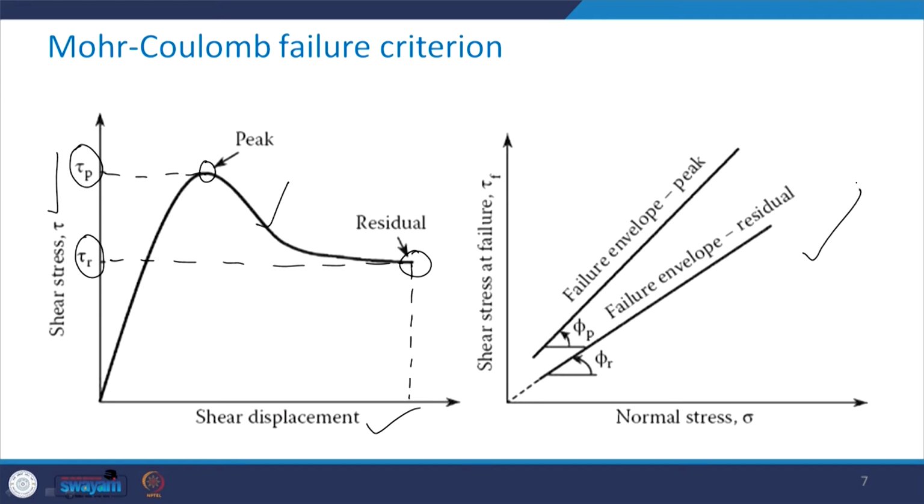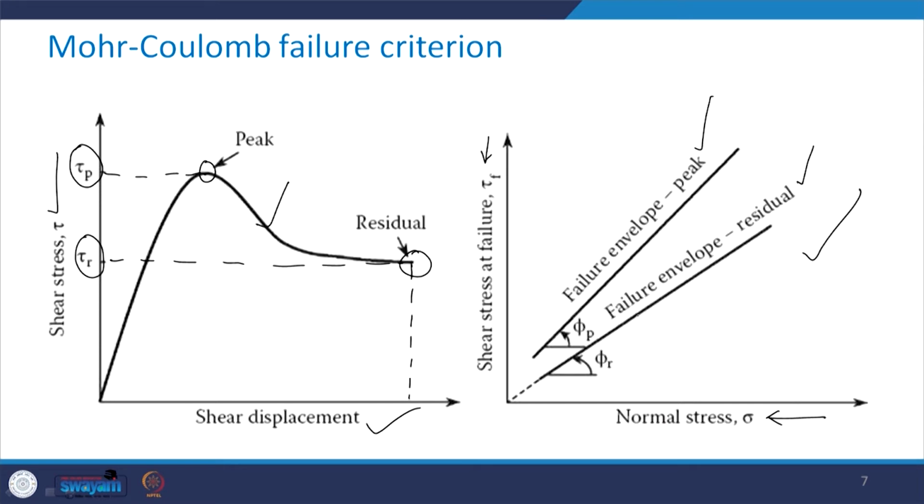Look at this figure where the shear stress at failure has been plotted against the normal stress. You get two plots or two envelopes. One corresponds to the peak values, the next one corresponds to the residual values.